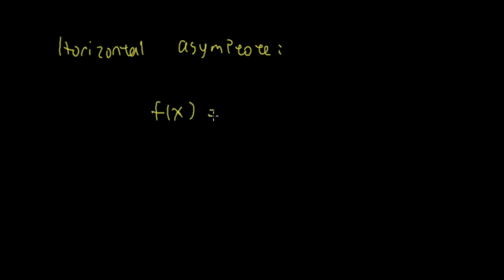Okay, now let's talk about the rule for horizontal asymptote. Let's say you have a function f of x equals a function in the numerator divided by another function in the denominator, like this.